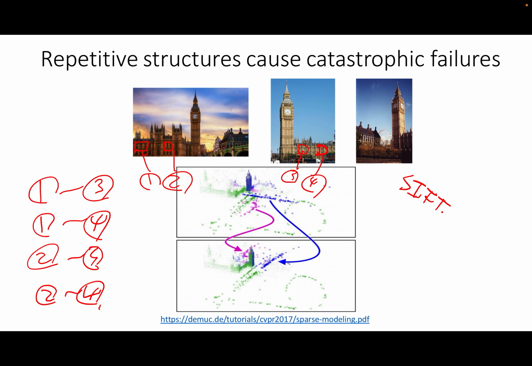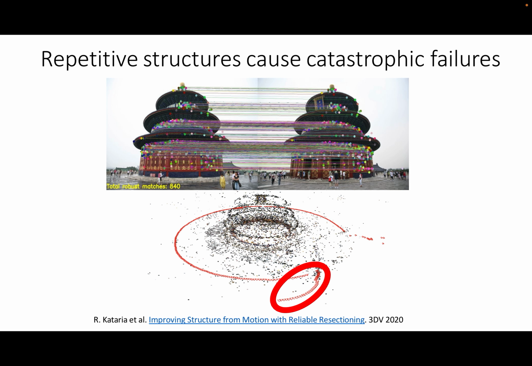SIFT is just a local feature extraction. So if image matching fails because of this kind of repetitive structure, then structure from motion might be messed up. So we need to use advanced feature extraction based on local and, at the same time, global patterns. If the image matching fails, then there's no way to recover.